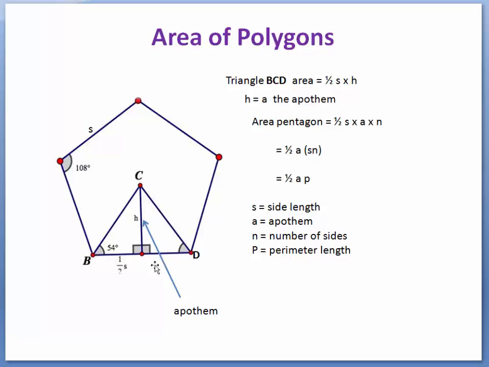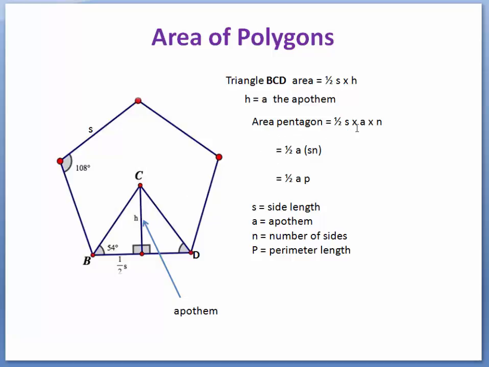So it's half S multiplied by H. And if we consider H as the apothem, the area of the pentagon is half S times H, which is now A, the apothem, multiplied by N, and N is the number of sides, or the number of triangles.